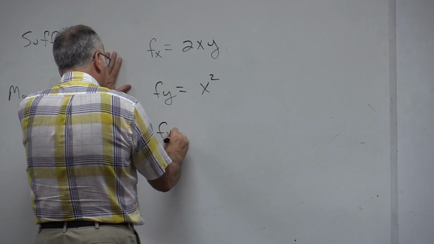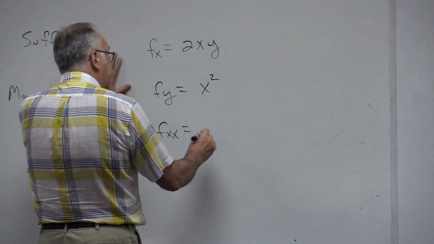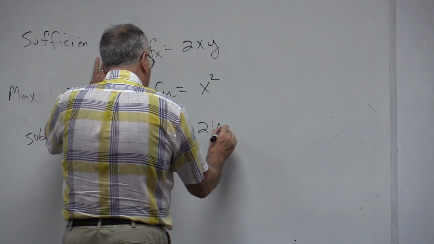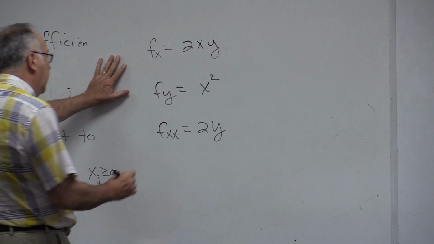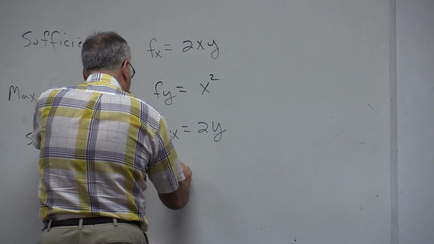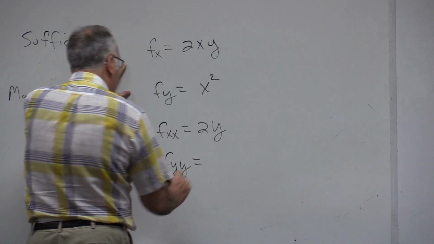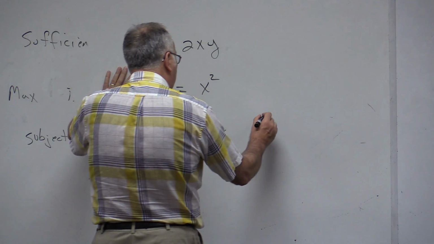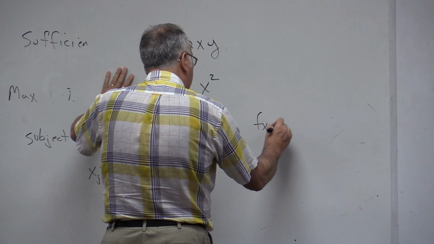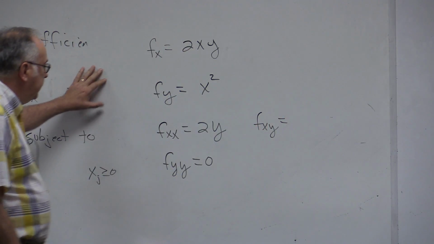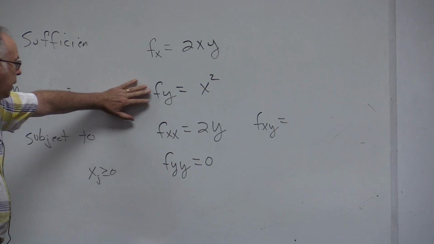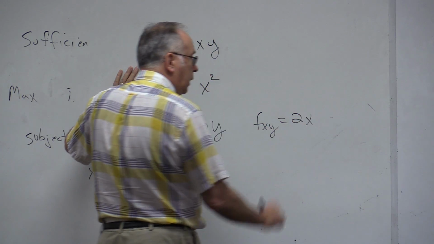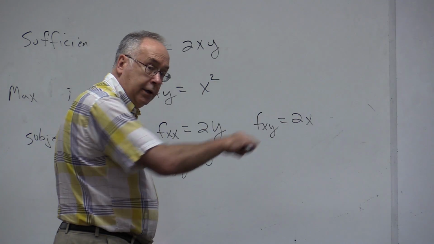F sub xx is 2y. Right. F sub yy is equal to 0. F sub xy is equal to 2x.